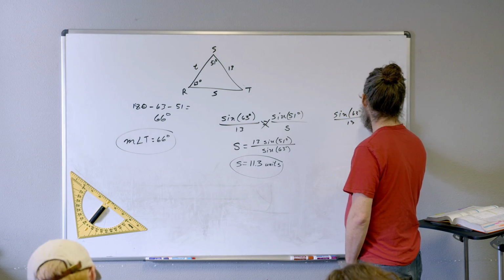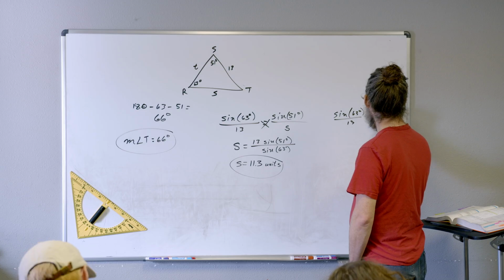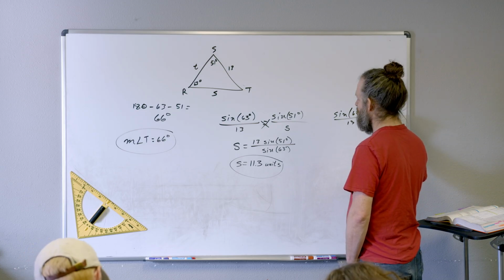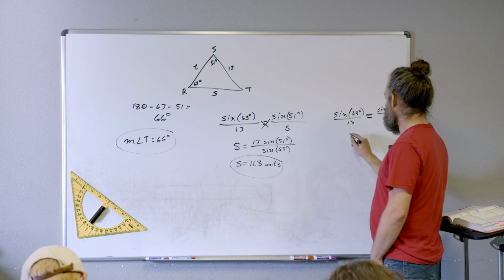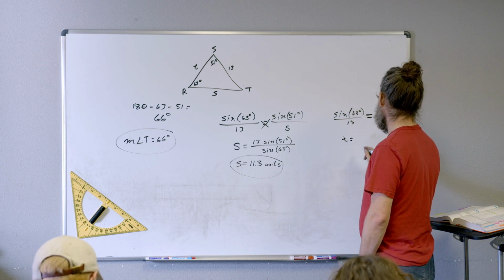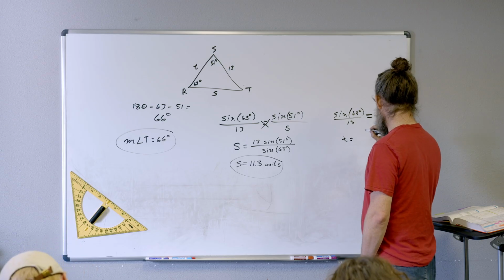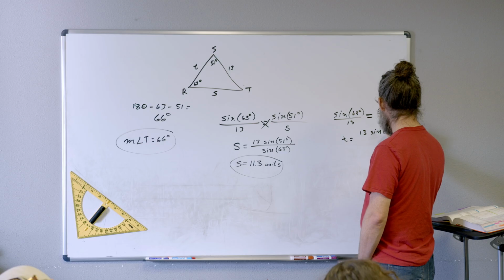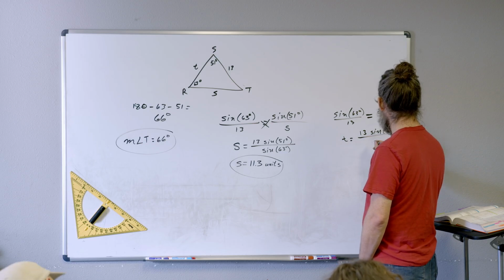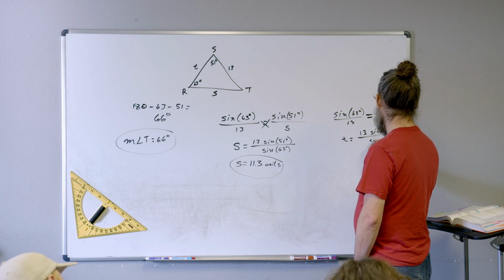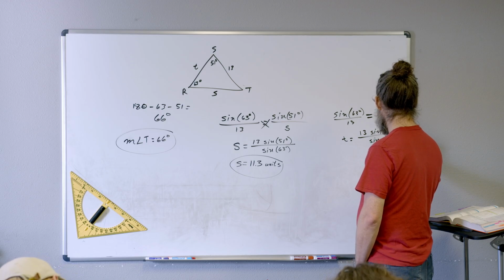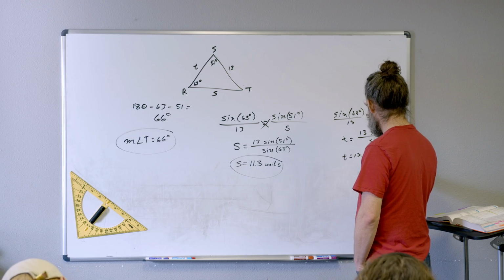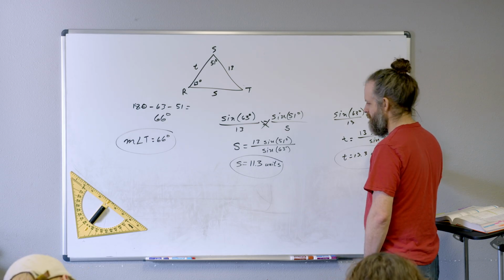So we've got to use the one that we calculated, the sine of 66 degrees over T. And cross multiply and divide, so T would equal 13 times the sine of 66 degrees over the sine of 63 degrees, and we would end up with 13.3 units.